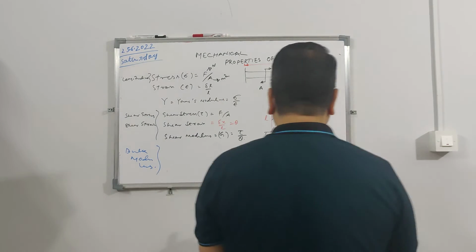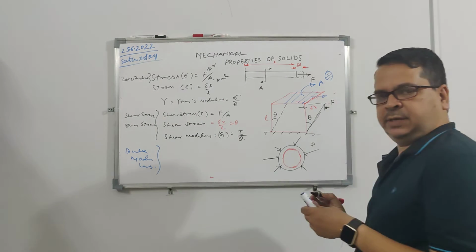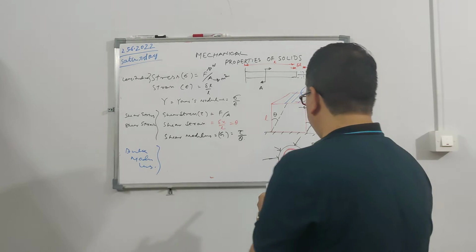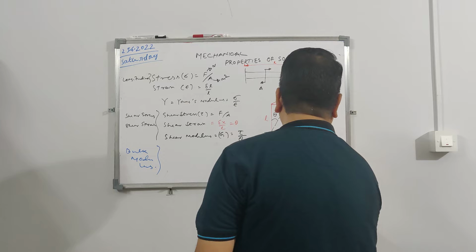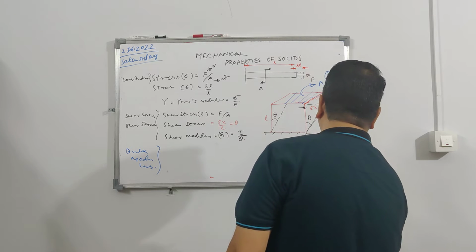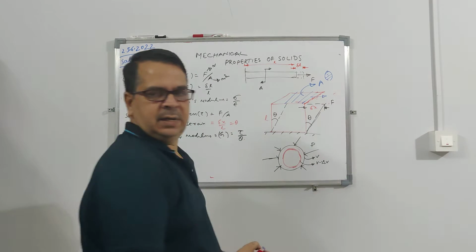The pressure you are applying is P. Before compression the volume was V, and after compression the volume is V minus delta V.